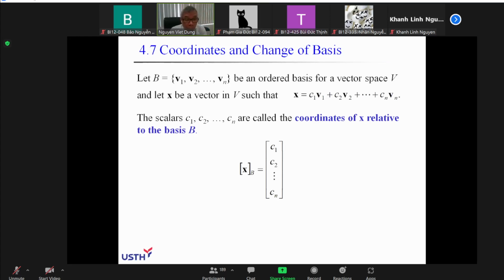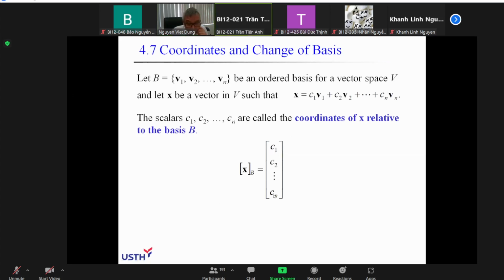Then we know already that any vector x of V can be written uniquely like x equals c1 v1 plus c2 v2 plus up to cn vn. And those scalars c1, c2, up to cn will become the coordinate of x relative to the basis B, and it is written like that, and the coordinate is always put in a column.